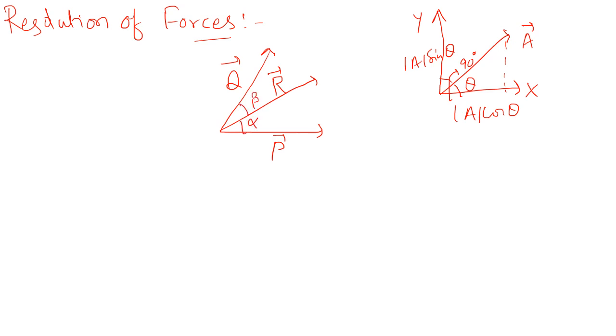If there are three forces acting at one point, then we can apply Lami's theorem. So how can you apply Lami's theorem? According to Lami's theorem, each force divided by the sine of the angle between the other two forces is equal.